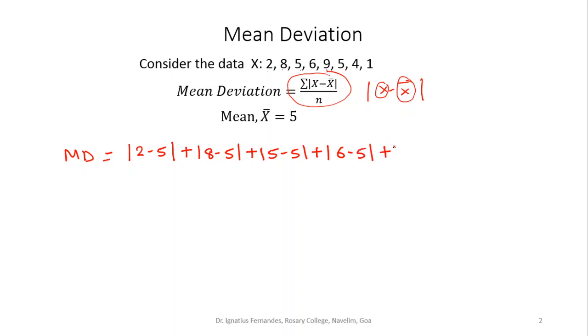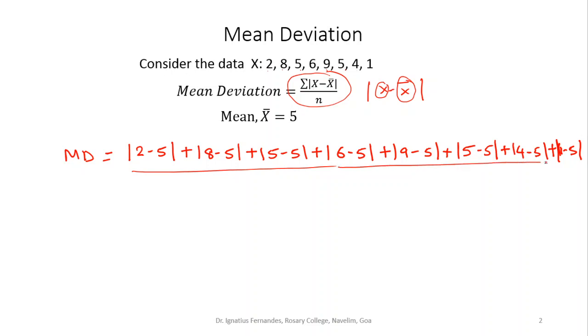Next value is 9, so |9 minus 5|, plus next value is 5, so |5 minus 5|, plus the next value is 4, so |4 minus 5|, and plus the last value is 1, |1 minus 5|. And this sum we have to divide by the number of entries, that is 8. These are 8 entries.